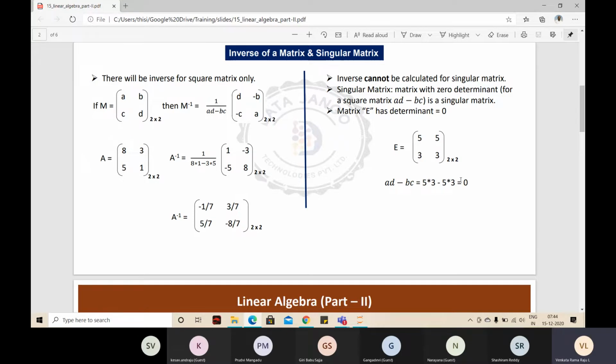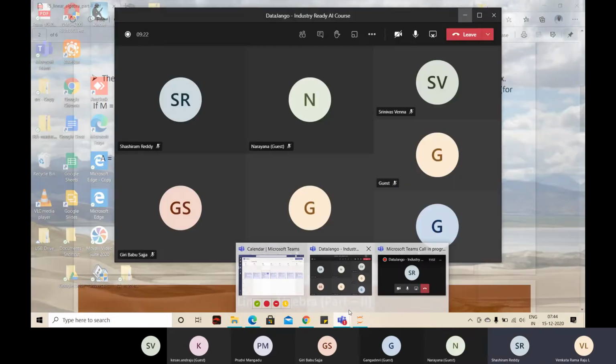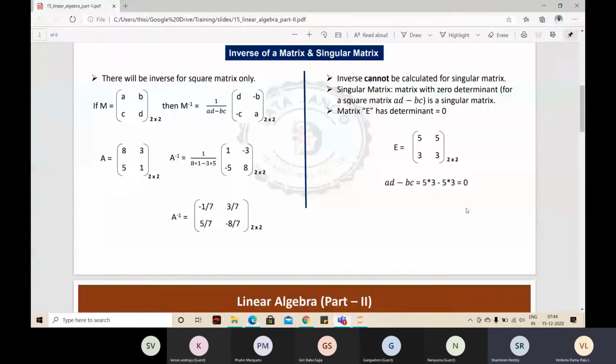If you want to calculate the inverse for this matrix, can we calculate that? Do we have an inverse? No, because 1 by 0 is infinite, 1 by 0 is undefined. So there is no inverse. A matrix that has no inverse is called a singular matrix. So we need to remember this.